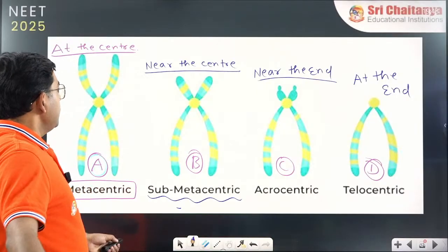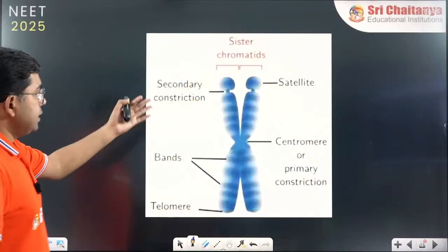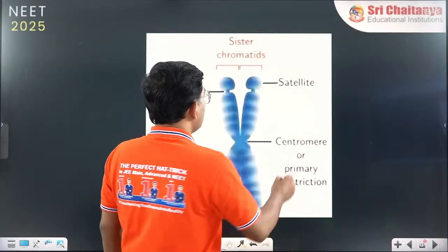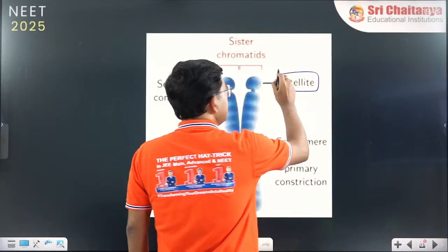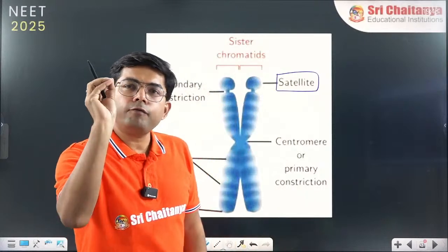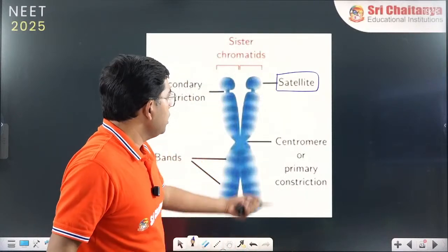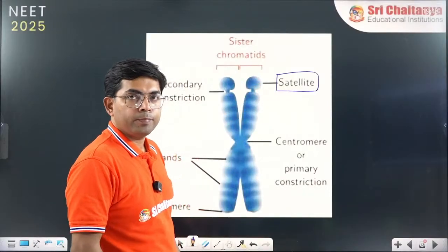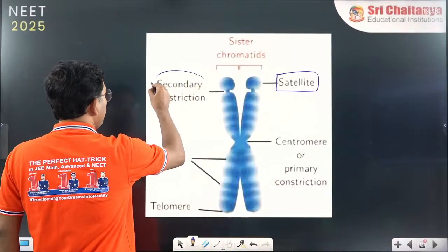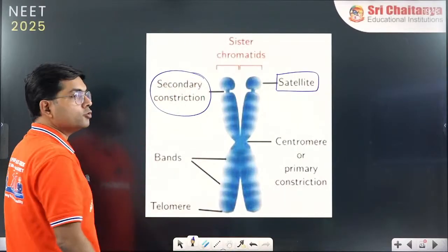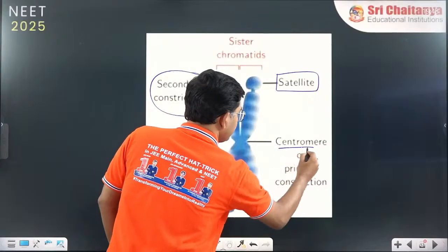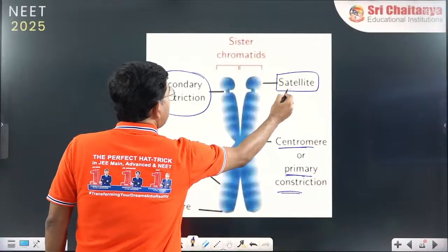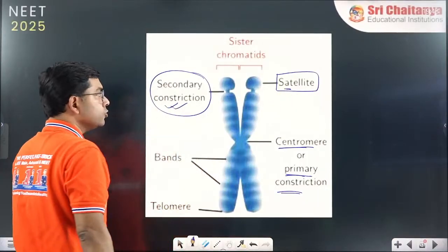Now see, this is again one chromosome. One more part is left here, and that is called satellite. Not in all chromosomes, but in a very few chromosomes, an additional structure is present which is called satellite. And satellite is formed by the secondary constriction. The centromere we call the primary constriction, and satellite is formed by the secondary constriction.